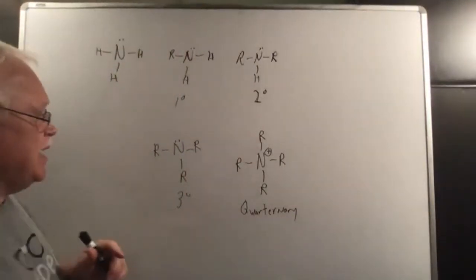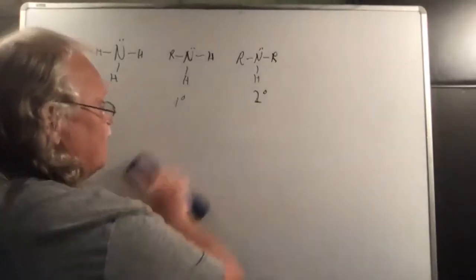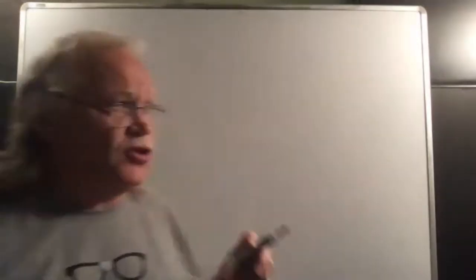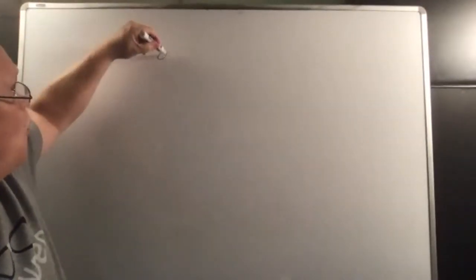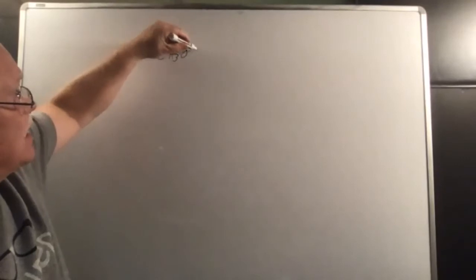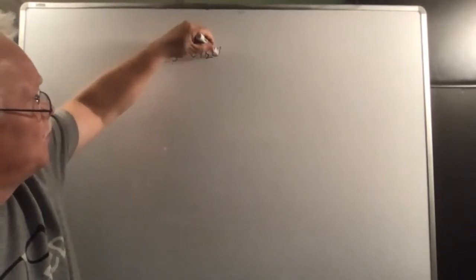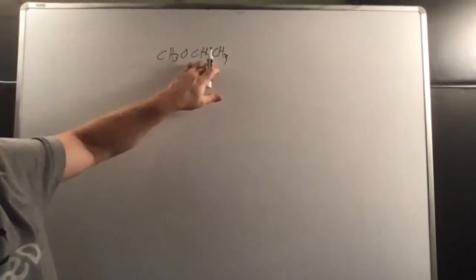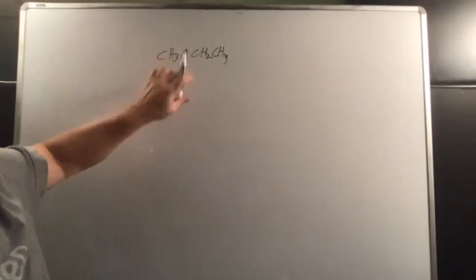Now, naming amines is actually pretty straightforward. The easiest way to name amines is just the common name by looking at the groups that are attached to the nitrogen. Now, we did that before when we had this compound here. We call this ethyl methyl ether.